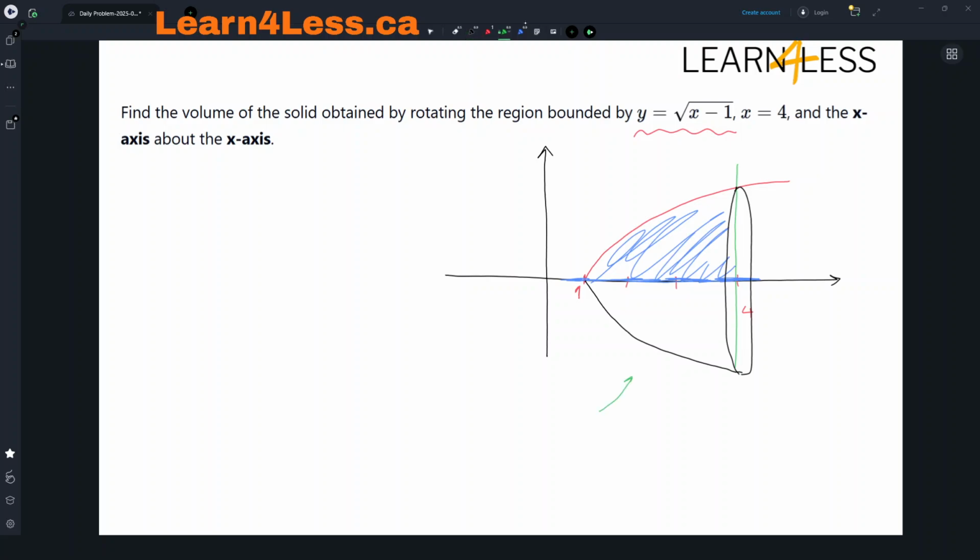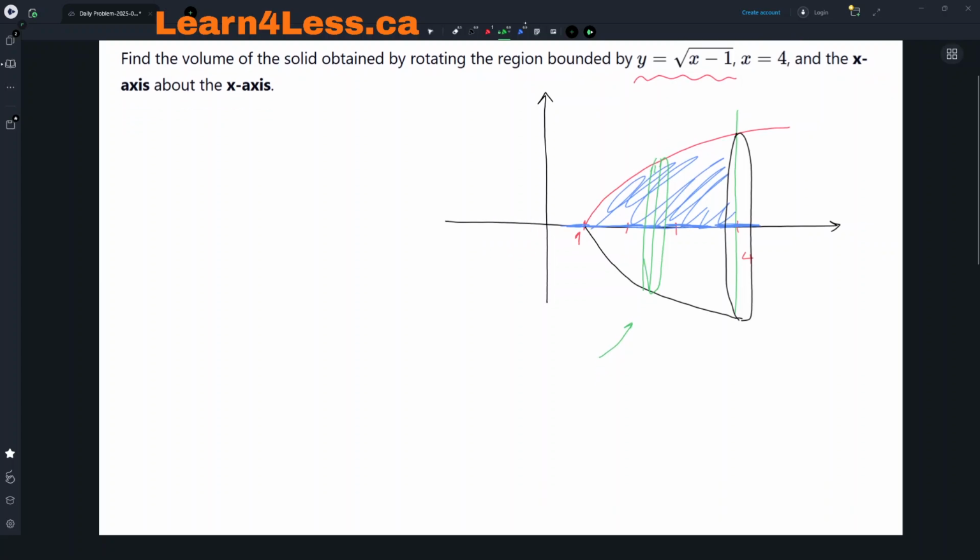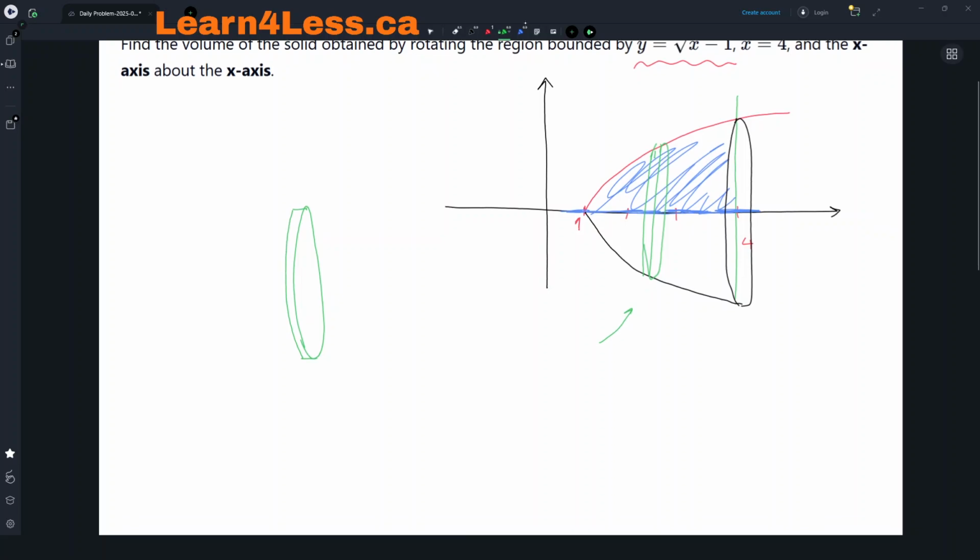We say, okay, let's slice this. For example, we just take a very, very thin slice from here and take it out. Again, when we say take a slice, it's a slice from this three-dimensional shape, whose cross section is circular. So what we are taking out is basically a very thin disk, a very, very small layer.